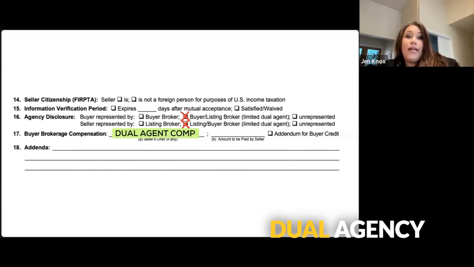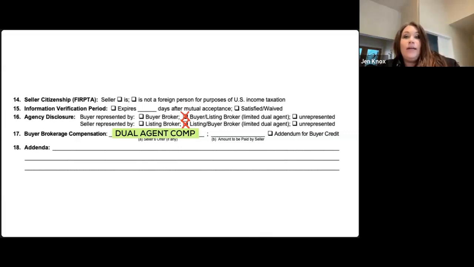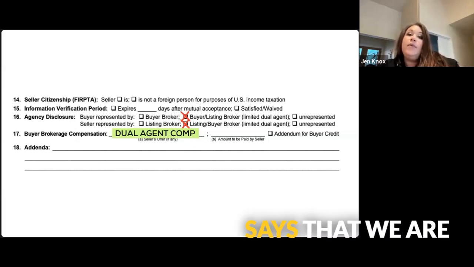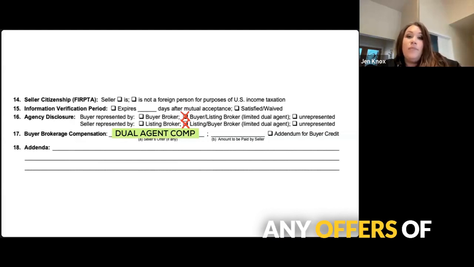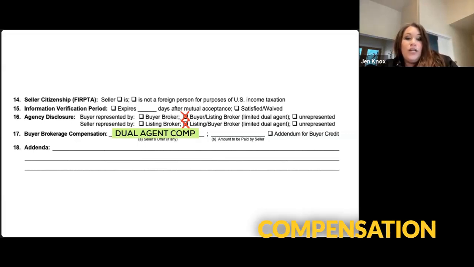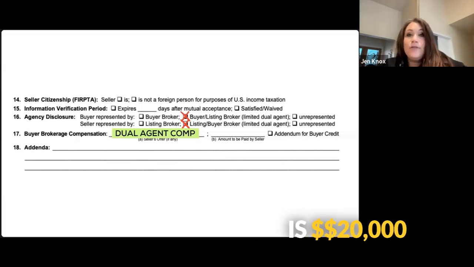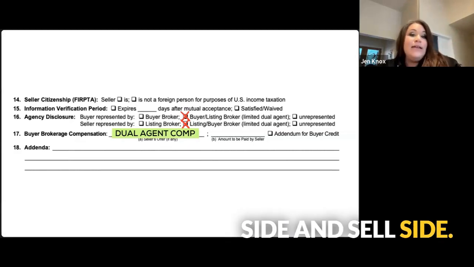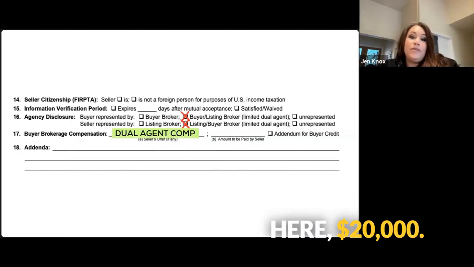Any offer of dual agency compensation has to be put down in 17A because one of our duties in our agency law says that we are going to disclose any offers of compensation in writing. That's what happens in 17A. Now, if your dual offer of compensation is $20,000 because that's the amount the agent's going to get for buy side and sell side, then that would go right here, $20,000.